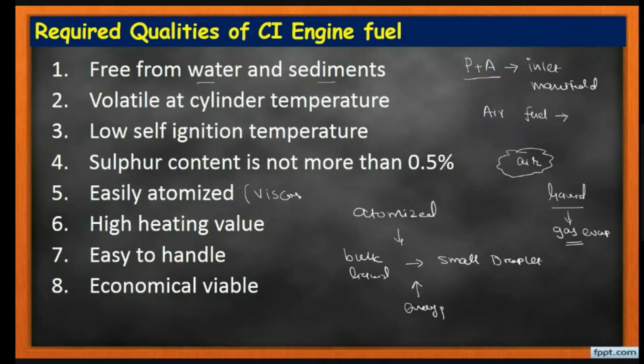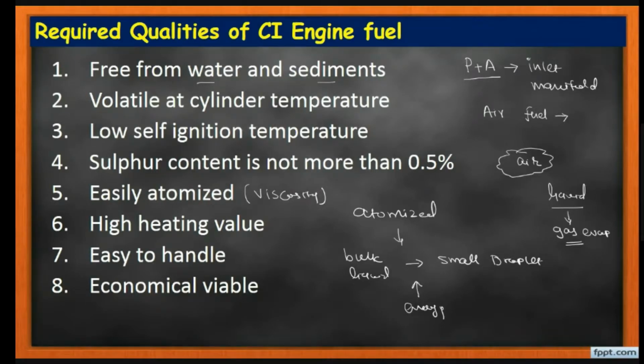Viscosity of the fuel must be in the given range for the operating pressures of diesel engines. Then high heating value. High heating value is required because it shows how much energy is associated with the fuel. And the seventh one is easy to handle. Students, we know that there is a lot of transfer of the fuel, and we also need to store it.